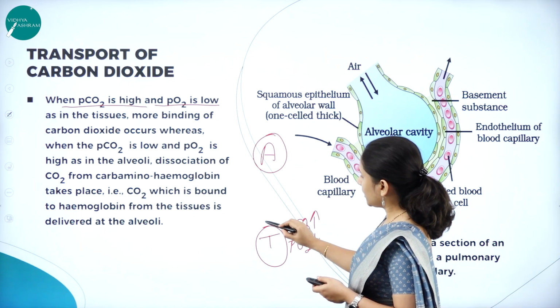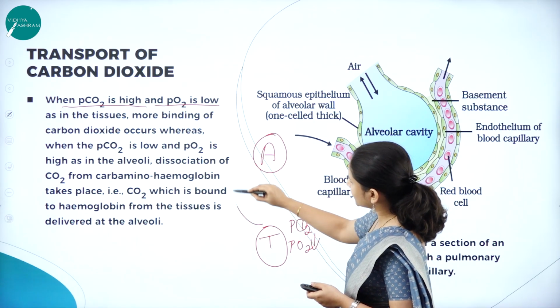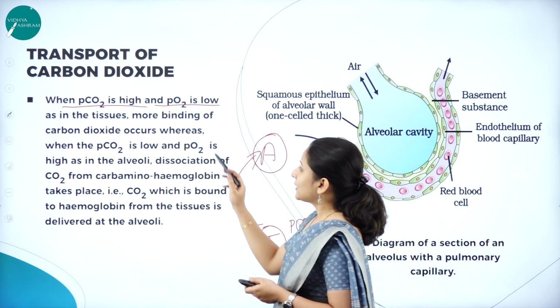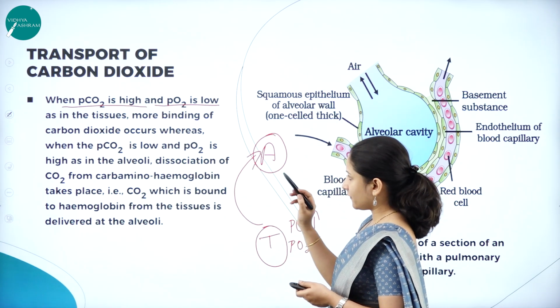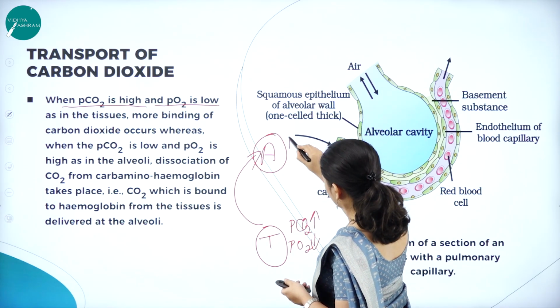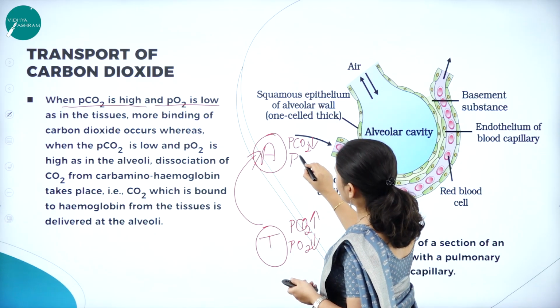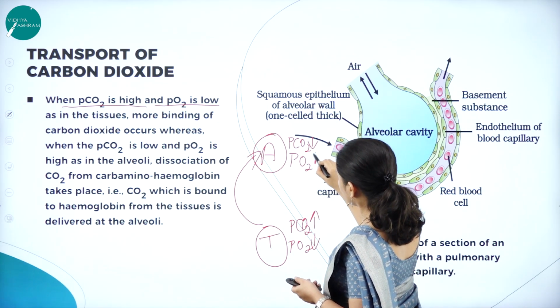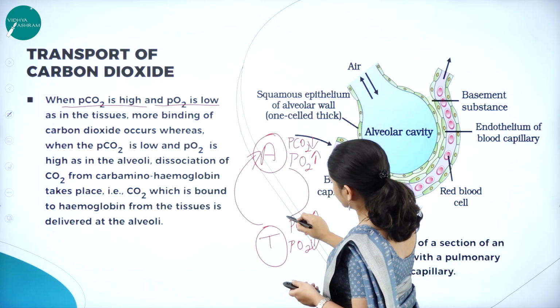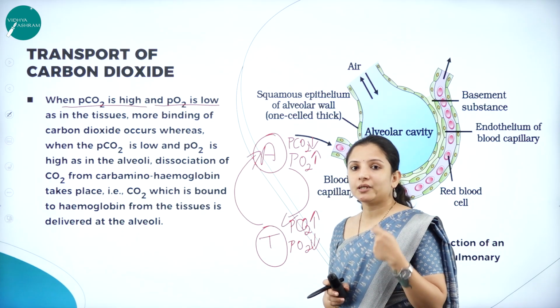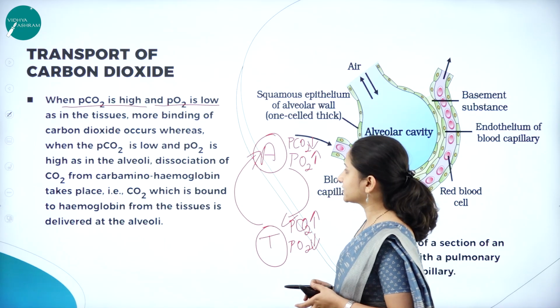From here, the carbon dioxide has to diffuse to the alveoli. Whereas when the partial pressure of carbon dioxide is low here and partial pressure of oxygen is high, oxygen will diffuse here. So this is how the pressure gradient plays a major role.